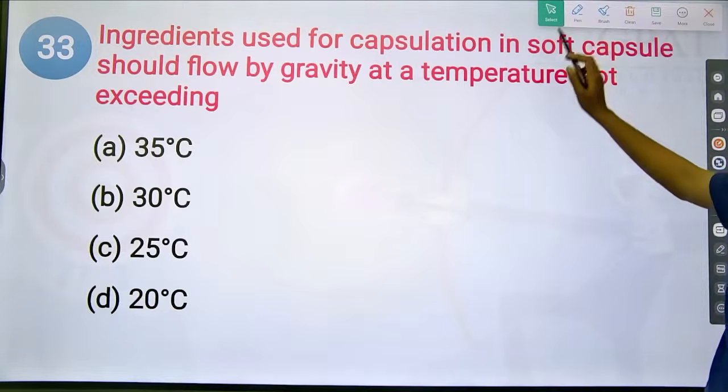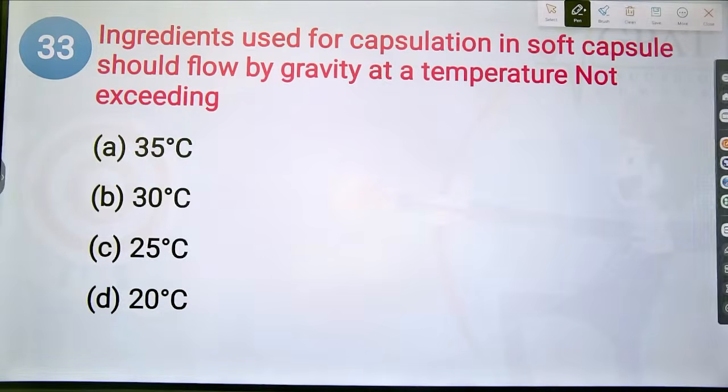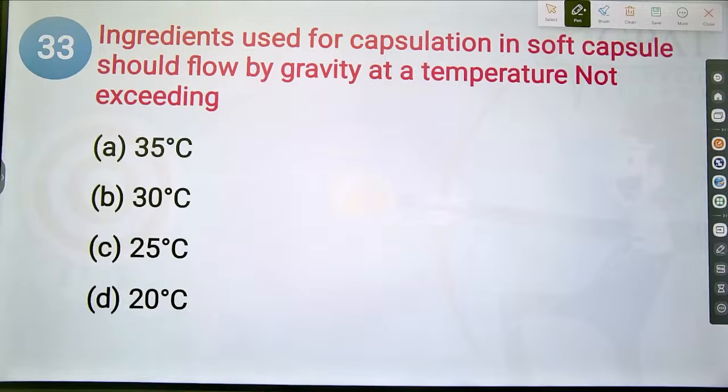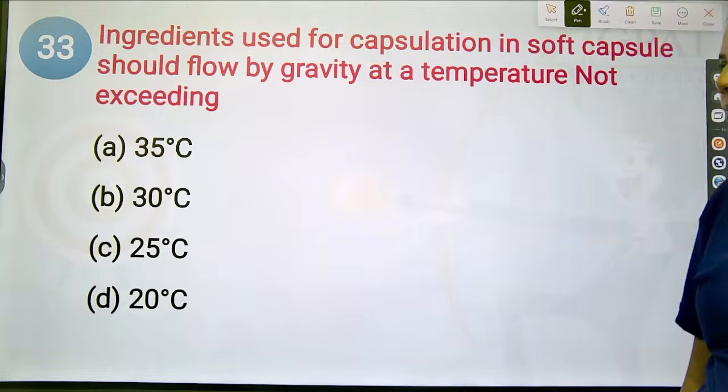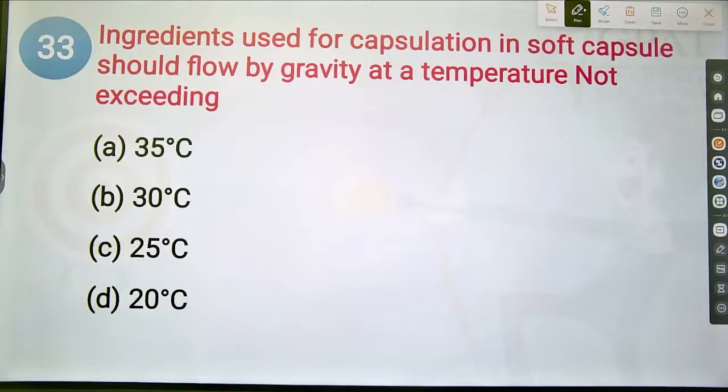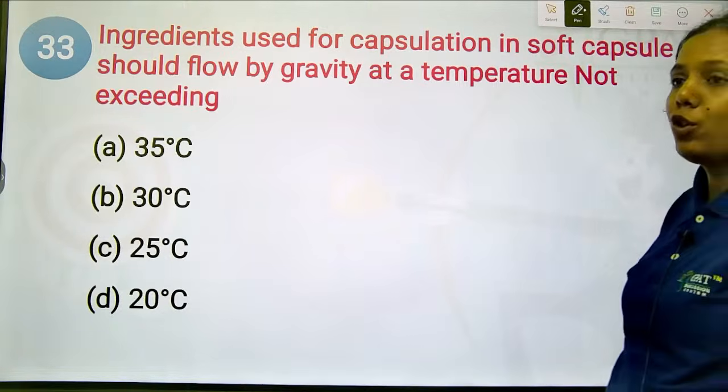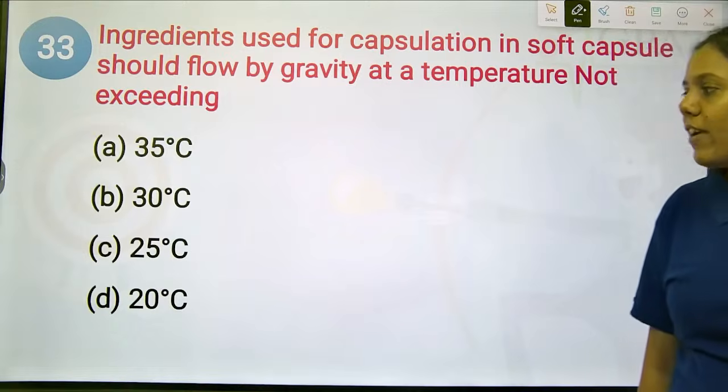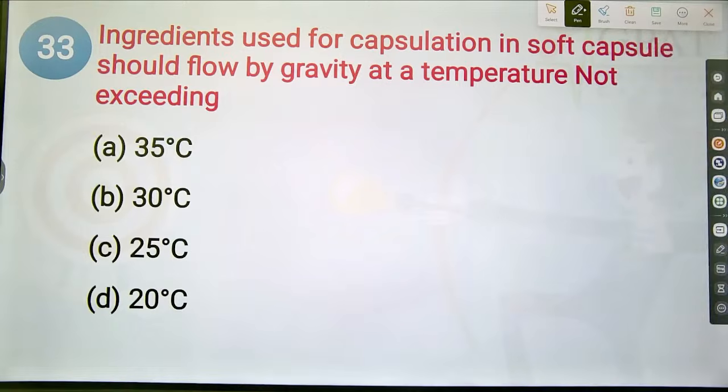Next is ingredients used for encapsulation in soft gelatin capsule should flow by gravity at a temperature not exceeding dash. So whatever ingredients you are using for encapsulation in the soft gelatin capsule should flow by gravity at a temperature which should not exceed by how much? 35, 30, 25 or 20.